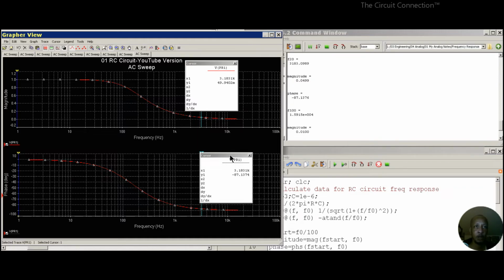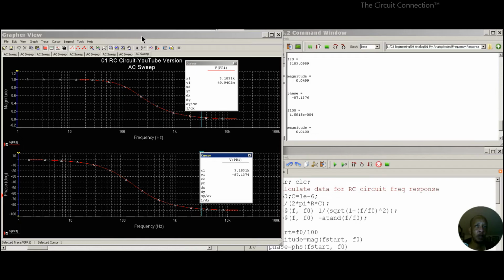That's good to go. Next over here for phase, what do we have? Negative 87.1374 in the simulation. Come over here to the calculation. We have negative 87.1376. 3 decimal places of exact same accuracy. That is very good. That's a pass.